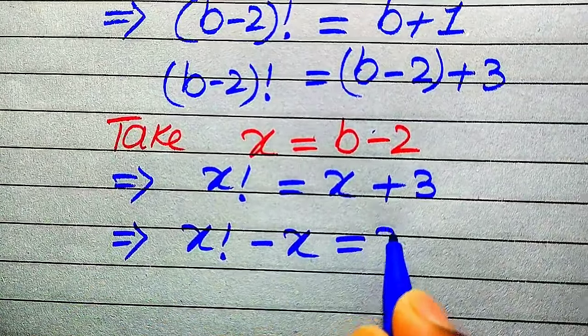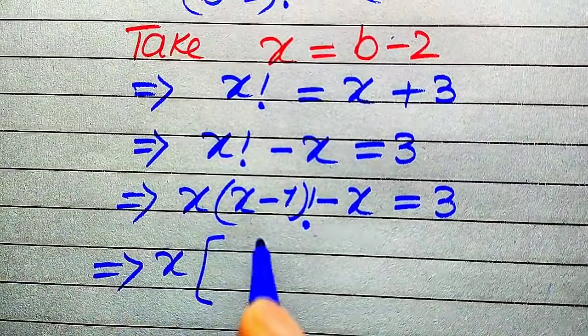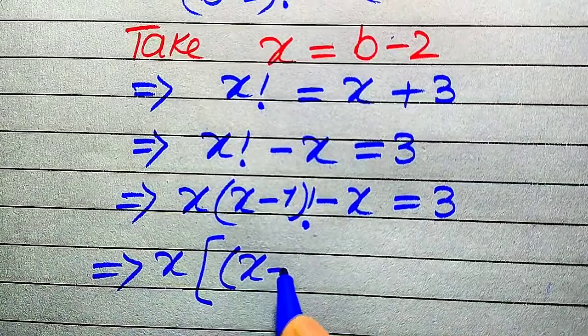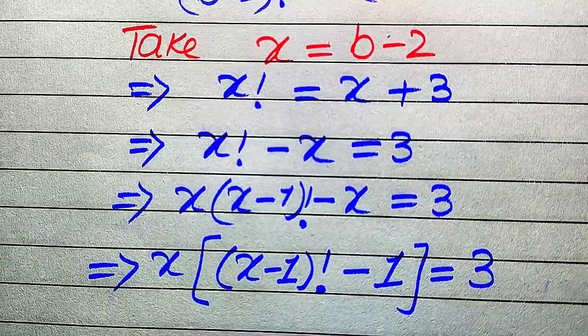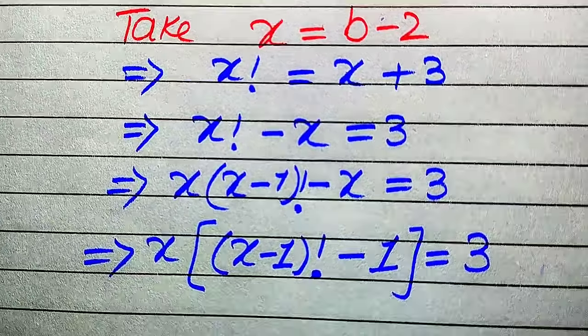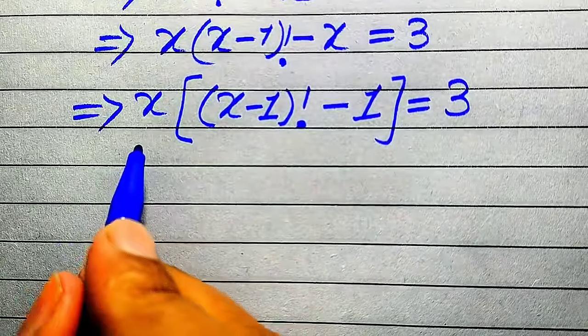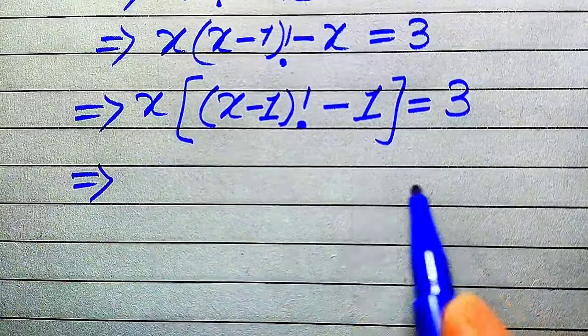Here again x is the common term, so we take x common and the remaining values are x minus 1 factorial minus 1, and this whole expression equals 3. In the next step we move this x from the left hand side to the right hand side.